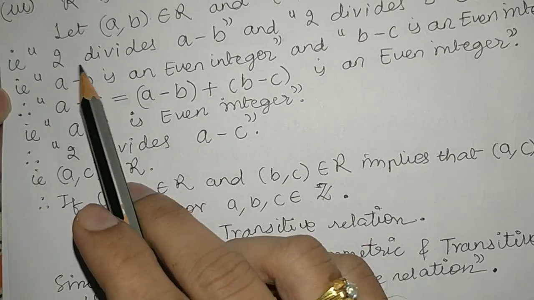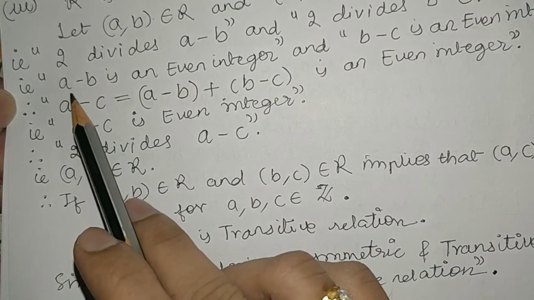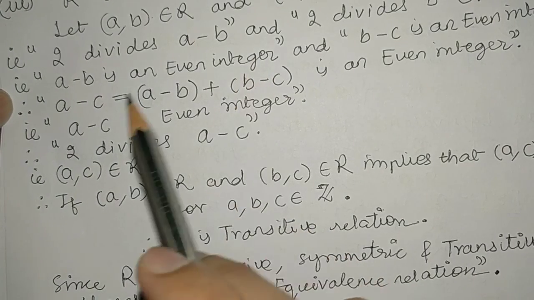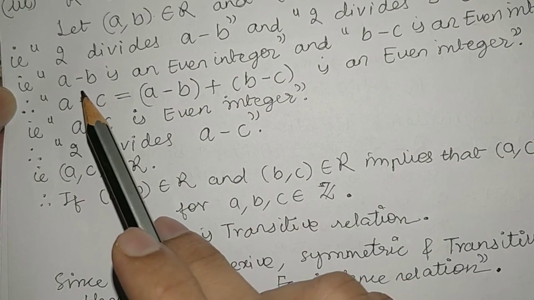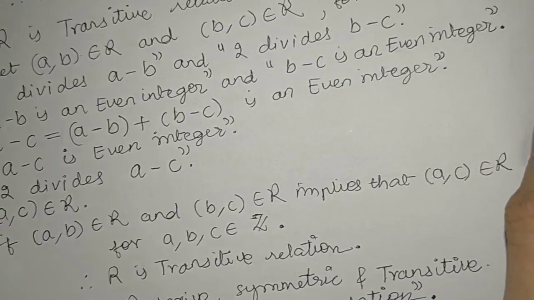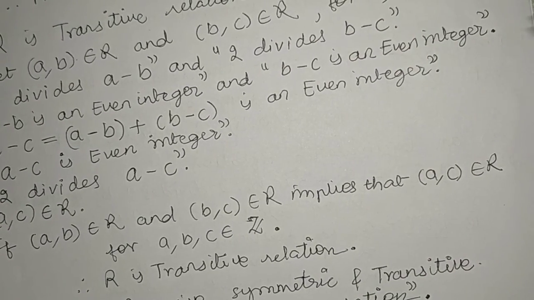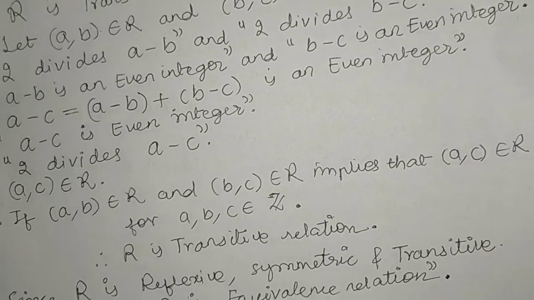What is the meaning of this? 2 divides a minus b means a minus b is an even integer, and 2 divides b minus c means b minus c is an even integer.